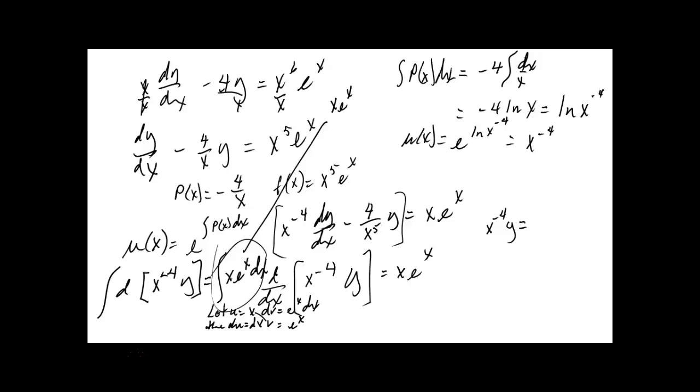That x e to the x is your uv, minus the integral of your bottom line down here, which is just e to the x dx. And I think we can do that, can't we? This will be x e to the x minus e to the x, and we'll have a plus c.